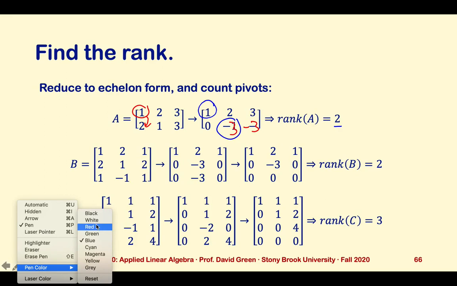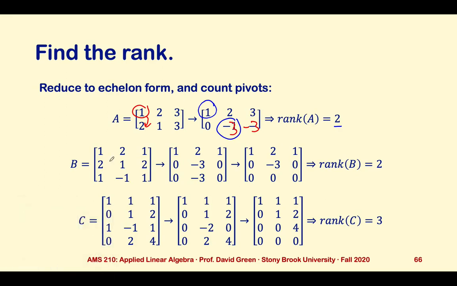For our second matrix, do the same thing. Start with our upper left pivot, eliminate downwards. 2 minus 2 is 0. 1 minus 4 is negative 3. 2 minus 2 is 0. 1 minus 1 is 0. Negative 1 minus 2 is negative 3. 1 minus 1 is 0.